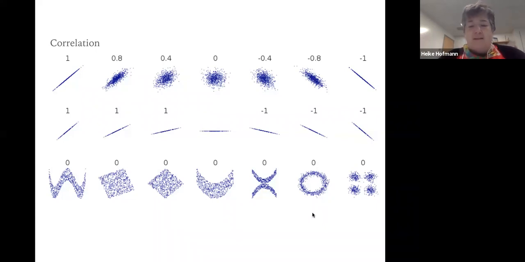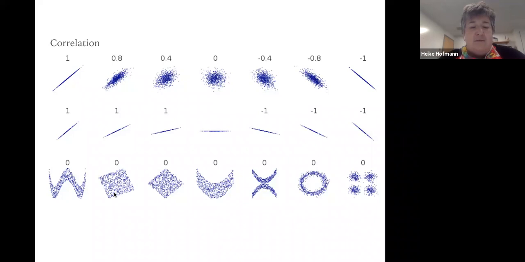Maybe most surprising is this line at the bottom. These are all situations in which X and Y obviously have some functional dependence, but the correlation coefficient in all of these cases is 0. So a correlation coefficient of 0 doesn't mean that we have no relationship, so independence like we would have here.